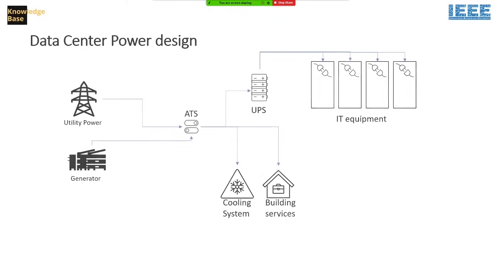Next, we have a quick look at the power, and we have seen this before in a power system. This is a simple representation of the data center power system. You have power supply. You could have only one if you are tier 1, but from tier 3 and above, you are required to have a utility power plus a generator ready. And you will ask why we have a UPS and a generator.